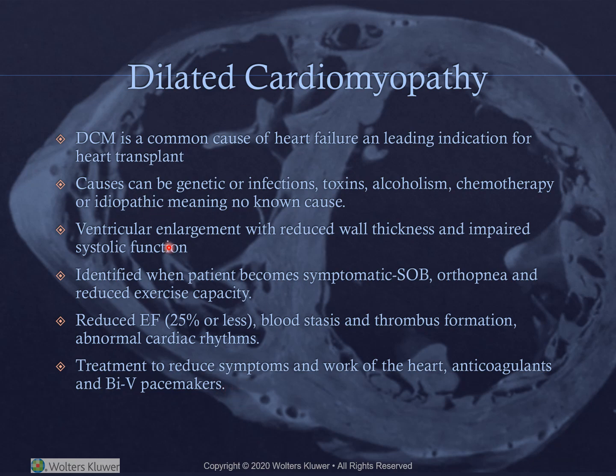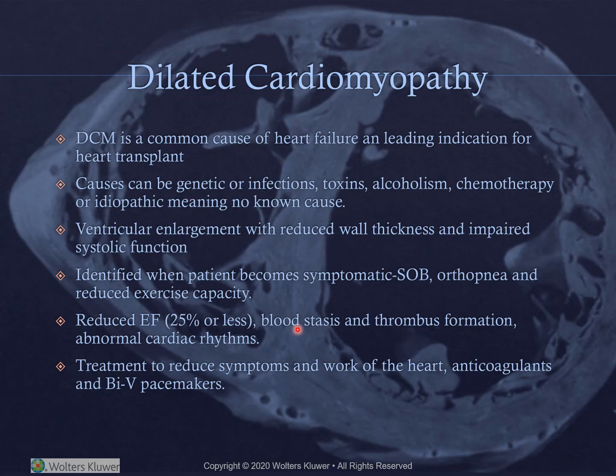And they start to develop significant systolic dysfunction. So the heart muscle itself, the cardiac output, becomes severely reduced, and the ability to perfuse the rest of the body is impacted. So usually we identify DCM when a patient becomes symptomatic, and so things like shortness of breath or orthopnea, a significantly reduced exercise capacity.